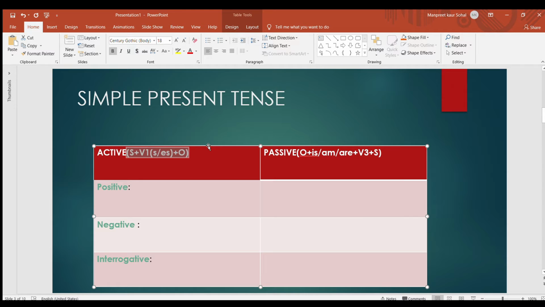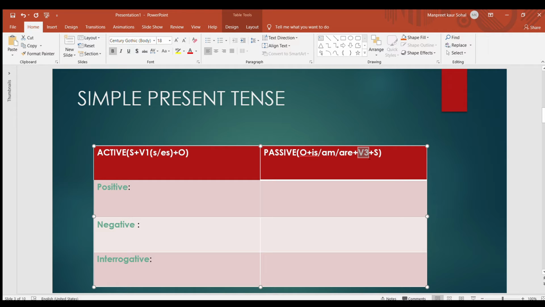So when object takes the first place, the helping verb is is, am, are. This is used, and then third form of verb, and then subject at the end if any. Now keep it in mind that in passives, third form of verb is always used. Passives and perfect, they both contain third form of verb.